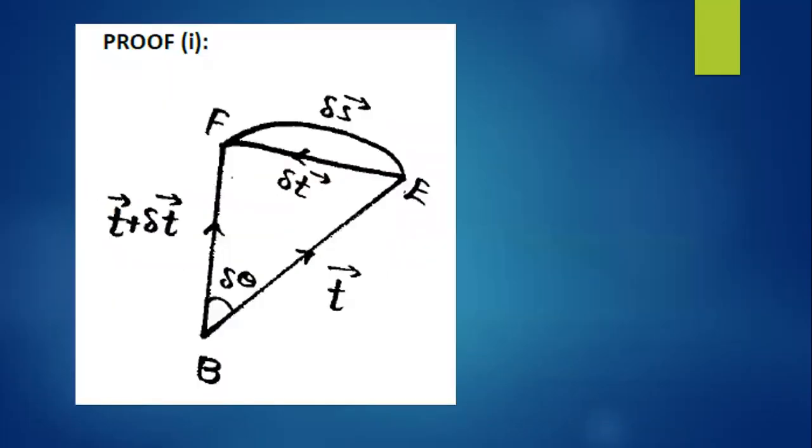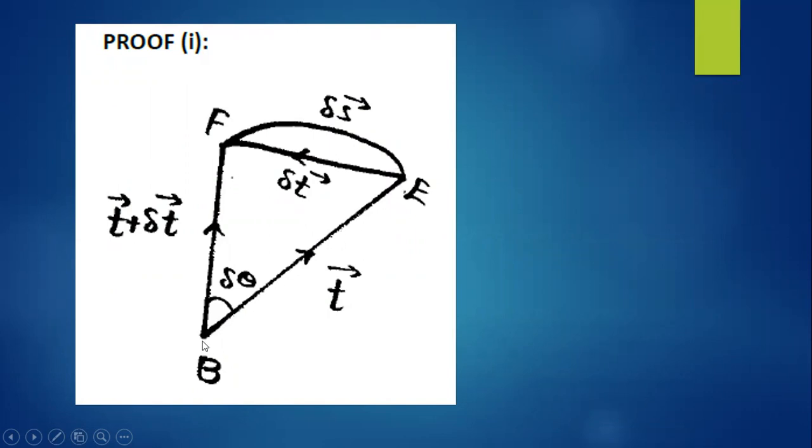Let us take an arc length, this one. It is delta s, and this is a tangent vector.